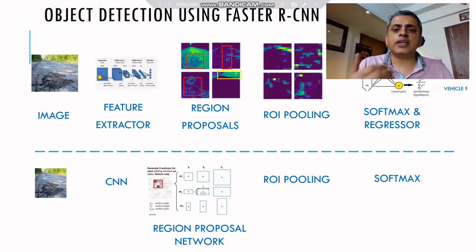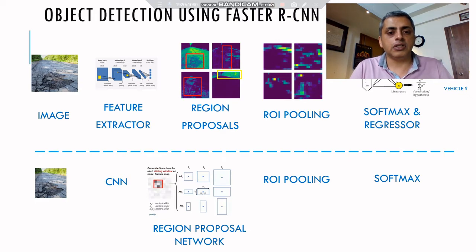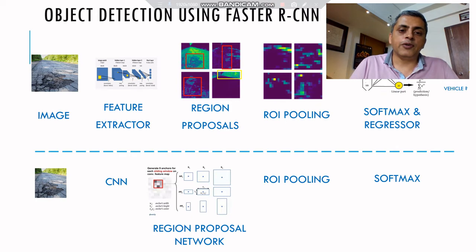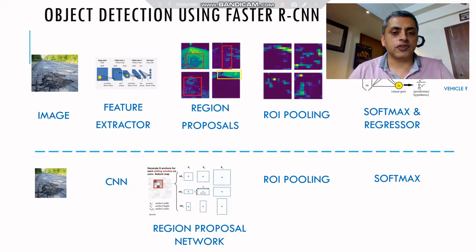And Fast RCNN corrected that to a certain extent, wherein the classifier was part of the network, and softmax plus a regressor was brought in for classifying. One generates the classifications for the different classes, and the other gives the regressors for the bounding boxes.